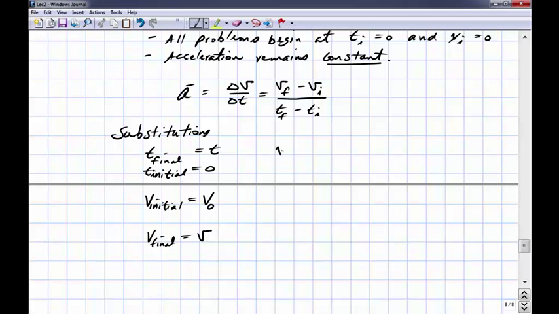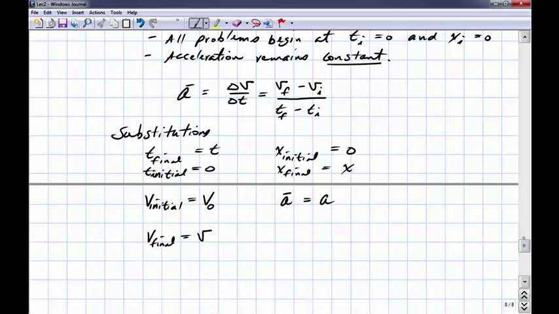Our initial position, which is x initial, is just 0, and our x final will be now referred to as just plain old x. And the average acceleration will just be referred to as a because the acceleration is not changing.